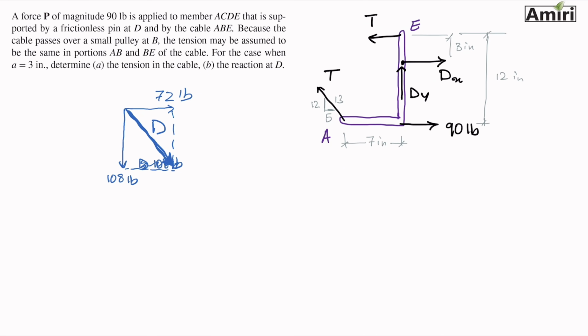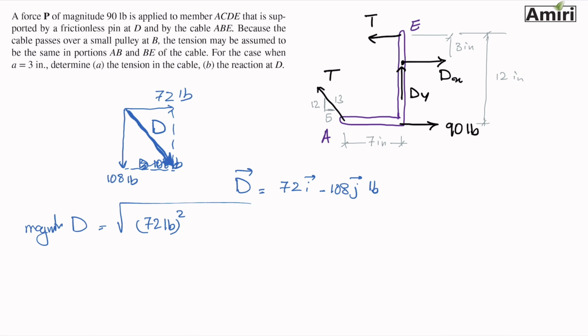This is my resultant D. So my D is 72i minus 108j, in units of pounds. The magnitude is going to be the square root of 72 pounds squared plus 108 pounds squared. If you do the math on this one, you get 129.8 pounds.